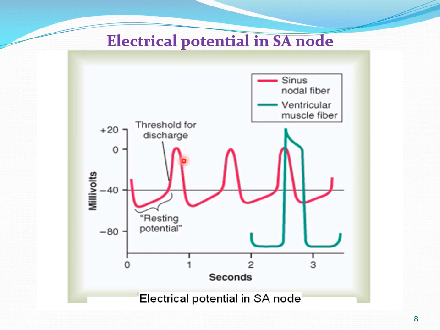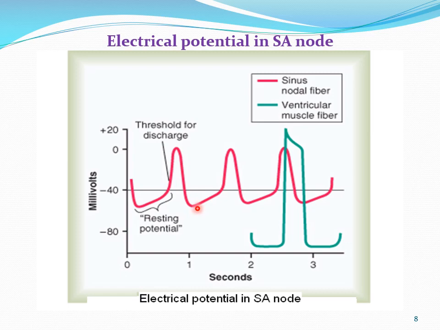It causes a decrease in potential towards the negative side, that is, it comes back towards minus 55 millivolt. Here one impulse, or one action potential, is completed. It starts from this point and it ends here.